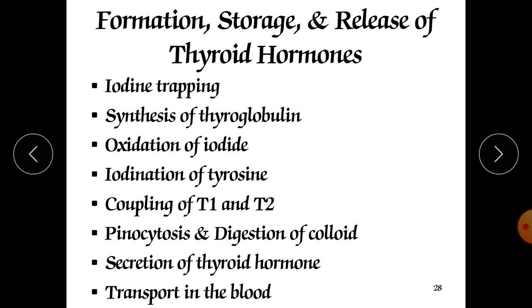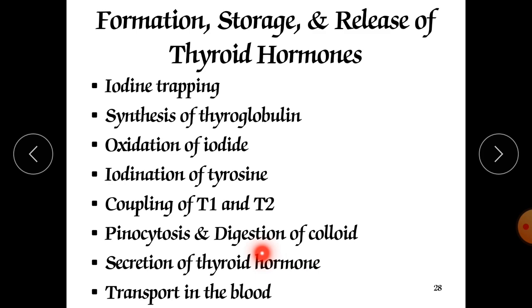More than 99% of both T3 and T4 combine with transport protein in the blood, mainly thyroxine binding globulin. Now, one thing you should also know: if your body has sufficient T3, because T3 is also a thyroid hormone, the message goes through the receptor, through the blood toward the brain that a sufficient quantity of thyroid hormone is present in our body.